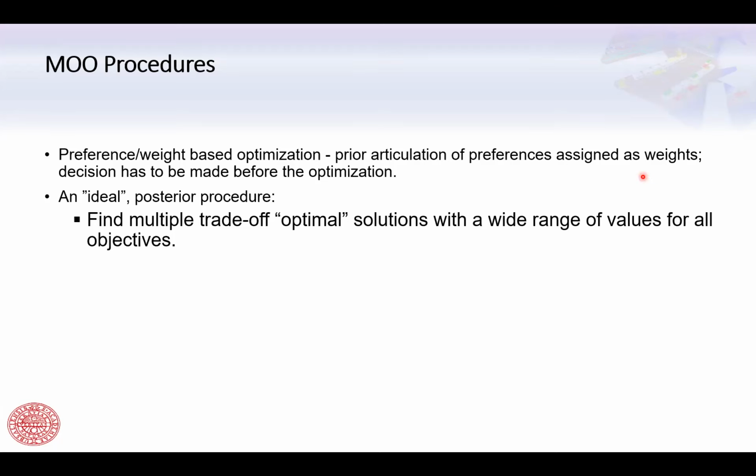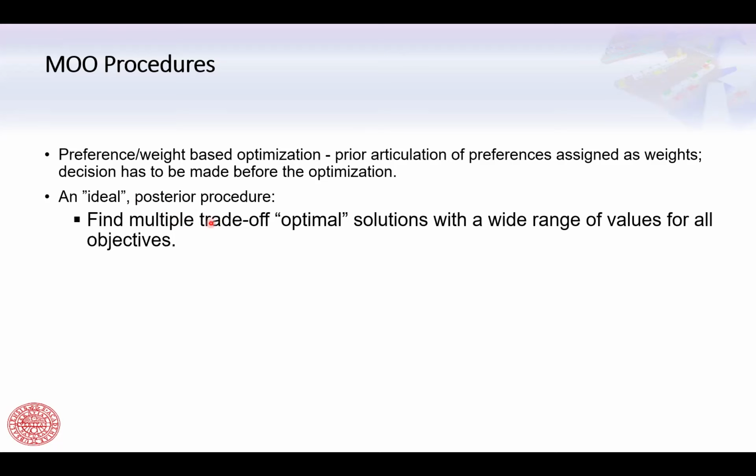And that means for the objective that you want to have more emphasis, you put a higher weight there. But the prior term here is important, because this is something that you should decide before you run the optimization, because the weight needs to be decided before you run the optimization. So that means it will be a priori, before the optimization process, as the English here has written.